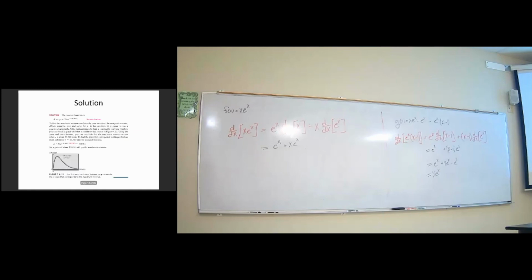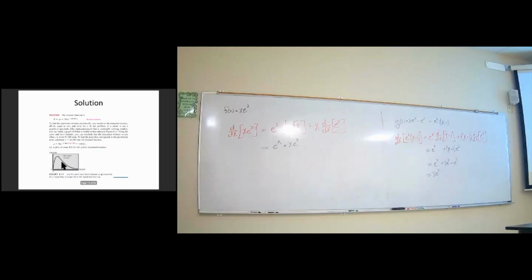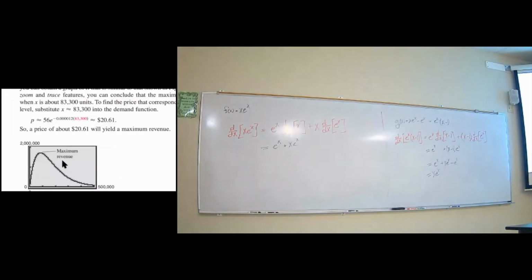Maximum revenue. So here we have another case where it's the demand function, so we're going to have to multiply this by x, right? We're going to get x times 56 e raised to the negative 0.000012x. And graphically, it's going to look like this.